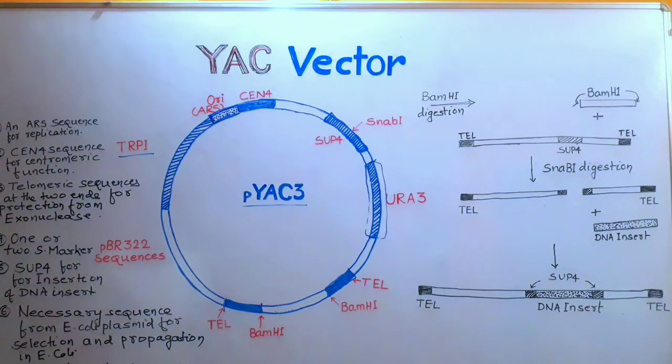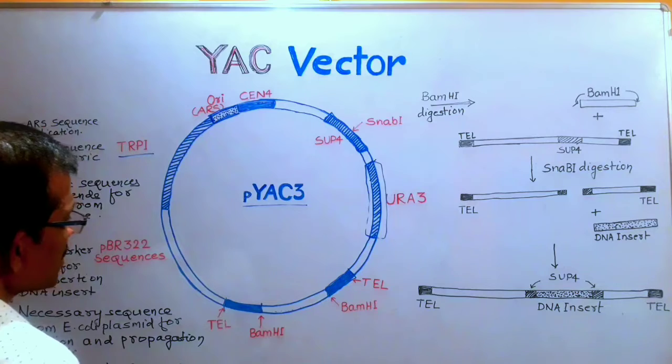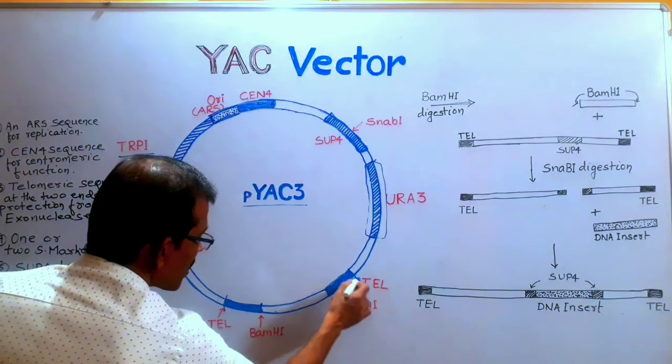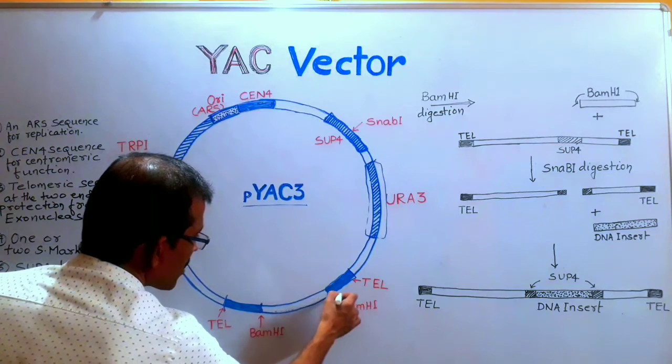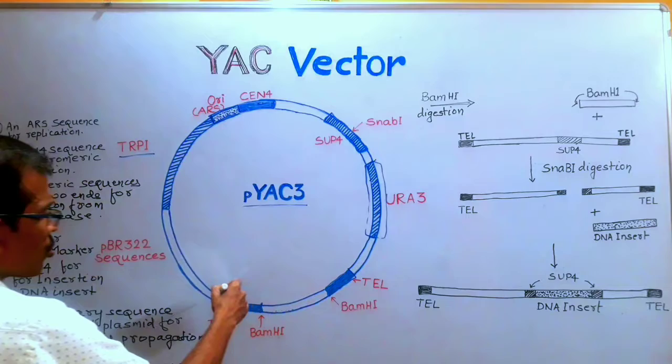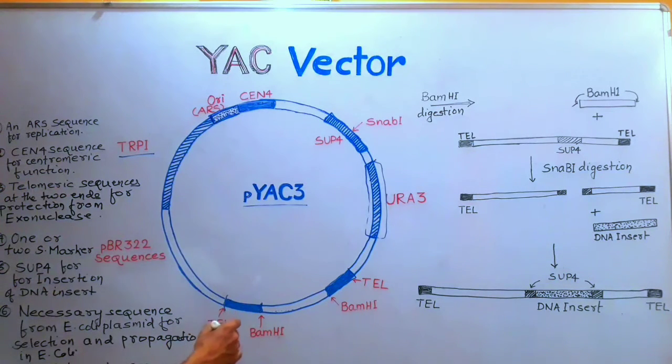The telomeric sequences of the yeast artificial chromosome, these are the two telomeric sequences, are meant to protect this artificial chromosome from exonuclease.